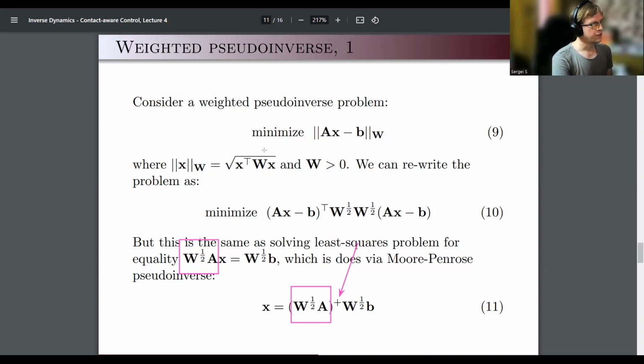So the weighted pseudo-inverse looks like this. We still pseudo-invert, just we have the weights, and these weights appear here and here.